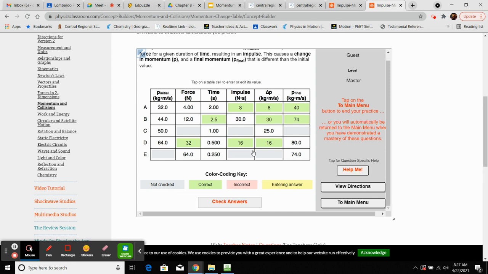You just do 64 divided by 0.5. Let's see. 64 divided by 0.5, that would be 128. That doesn't work. So the relationship here looks similar.